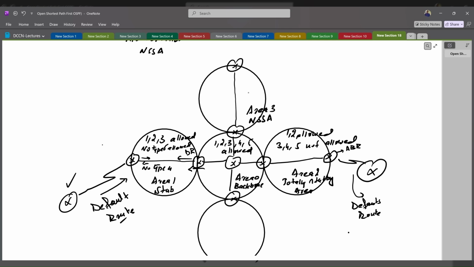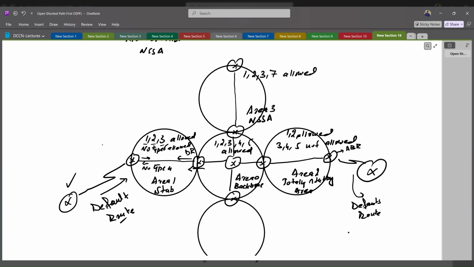But how can we categorize it in terms of LSAs? One is allowed, two is allowed, three is allowed. All the LSAs which were allowed by the stub area are allowed. And because it is not so stubby area, this means something else is also allowed. So seven is allowed. So one, two, three, seven allowed.